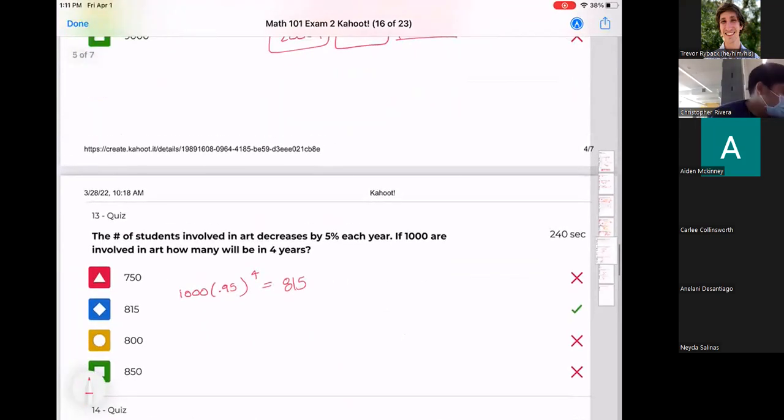But essentially for this problem, we're going to be using this equation right here, which is y equals cb to the power of t. And I know this equation is typically used for exponential functions.